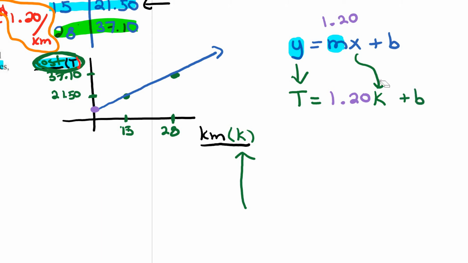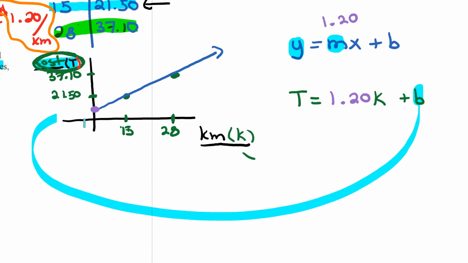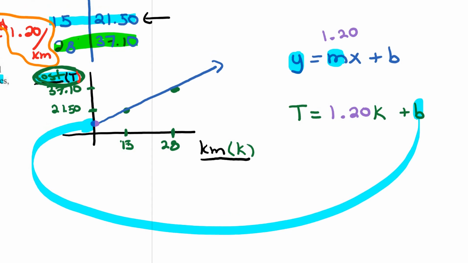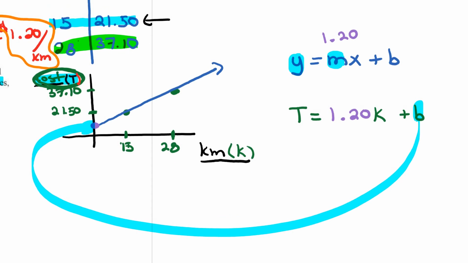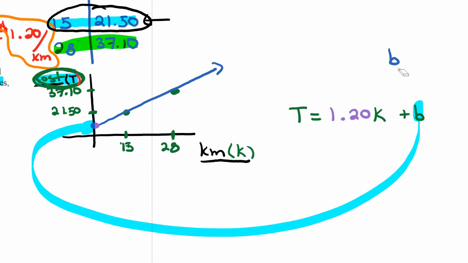One more thing we have to do is find b. Remember, b is the y-intercept, so b represents this value right there. Going back to my original problem, one of the points given to us was 15, 21.50. So 15 kilometers would cost $21.50.